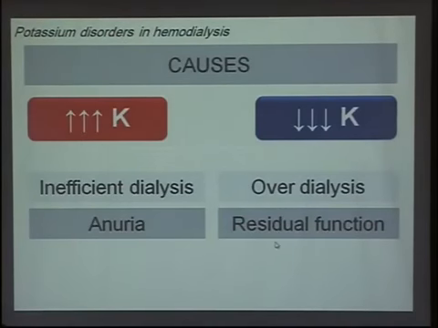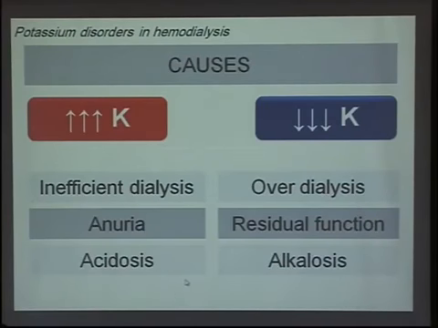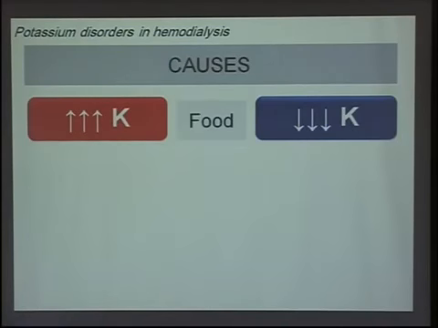Patients with residual function, especially those who are starting dialysis, are more exposed to hypokalemia on dialysis. Acidosis will cause hyperkalemia, while alkalosis will cause hypokalemia. It's very important for both physician and patient to know about foods which contain high and low potassium.